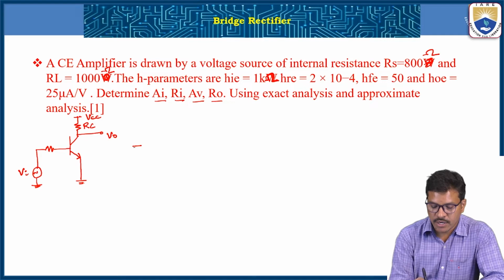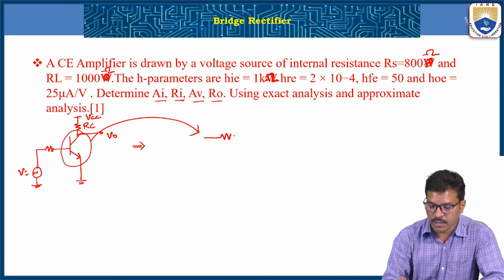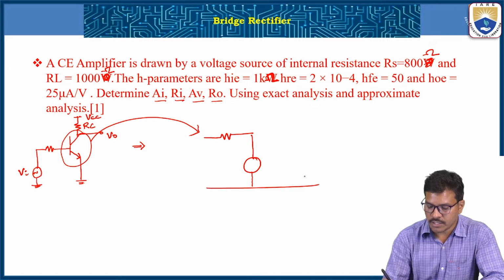This can be converted into the transistor model. Basically, the transistor can be modeled into an h-parameter model, which can be drawn like this.